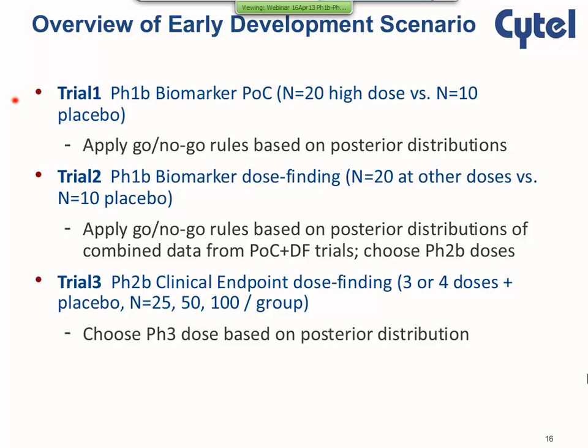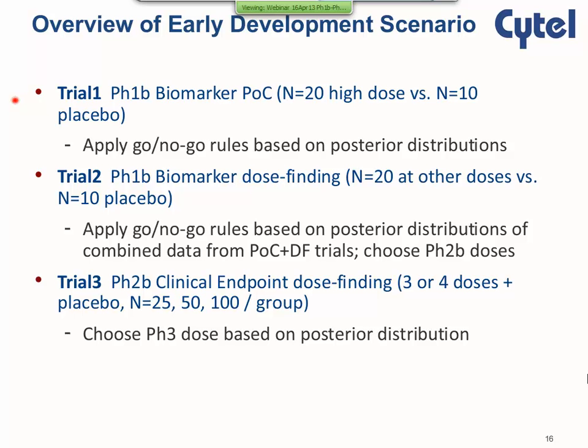And then that data was used to choose doses for the third trial, which was a 2B clinical endpoint trial. There was a complicated algorithm for dose choices, which yielded either 3 or 4 doses.